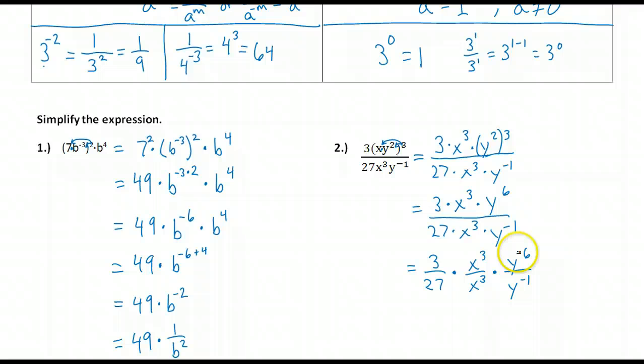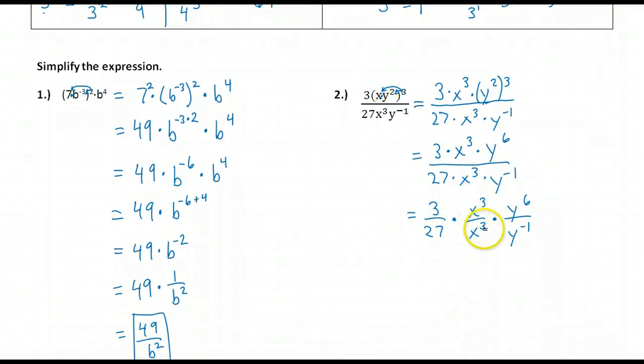The reason I do this step is so now I can combine my exponents. 3 over 27 simplifies down to 1/9 times, I have the same base top and bottom. When I have the same base top and bottom in a fraction, I need to subtract my exponents.